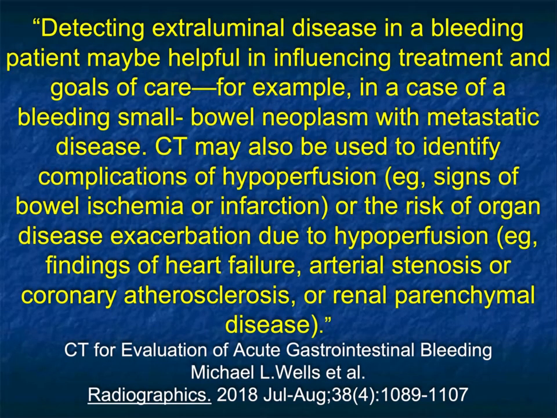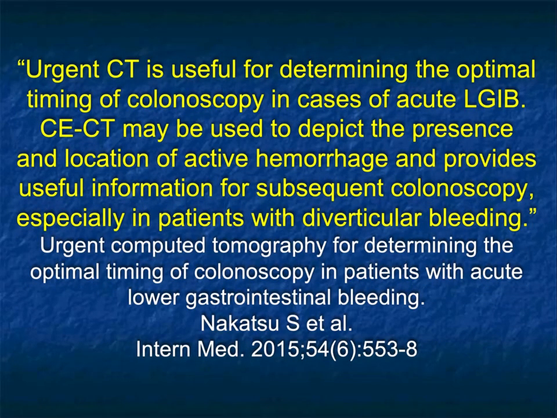Now, when you talk about GI bleeding, this article by Wells made the point that CT can also be used to identify complications of hypoperfusion, signs of bowel ischemia or infarction, or the risk of organ failure due to hypoperfusion, arterial stenosis, of the celiac and SMA, for example, or involvement of the kidneys.